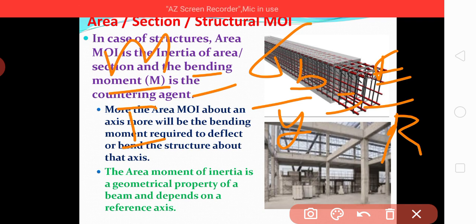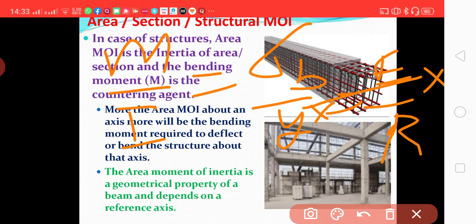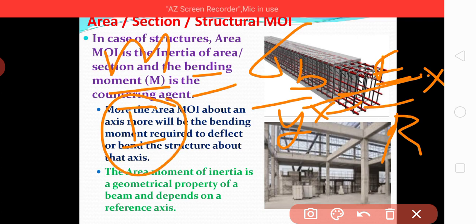So this section will be strong against bending about this x axis. So we have to make this I more, we have to increase this vertical dimension because it will have a cubic effect. So it will have more moment of inertia for bending.